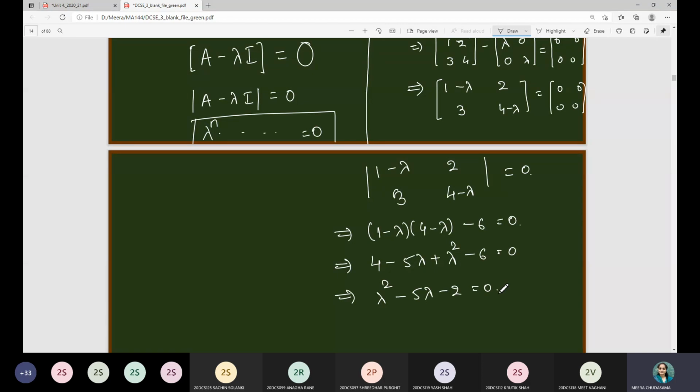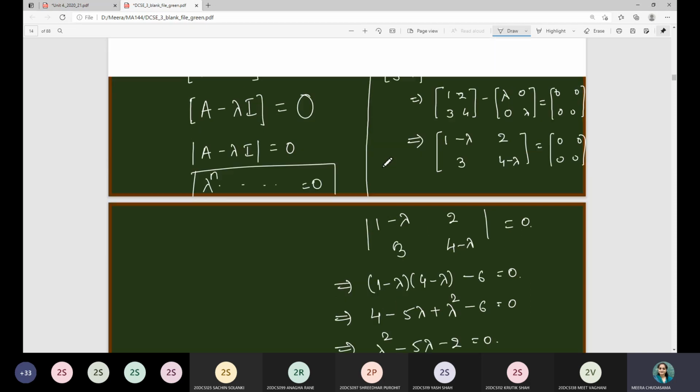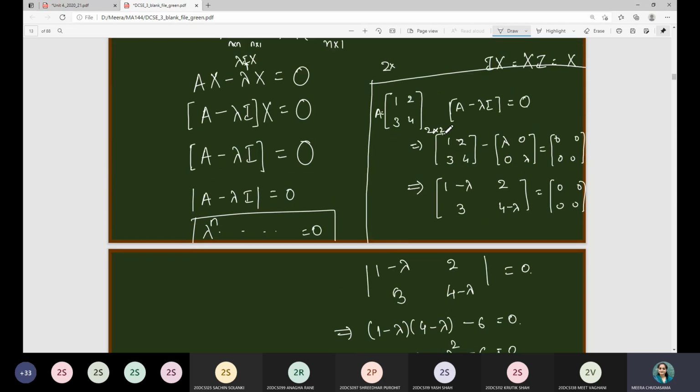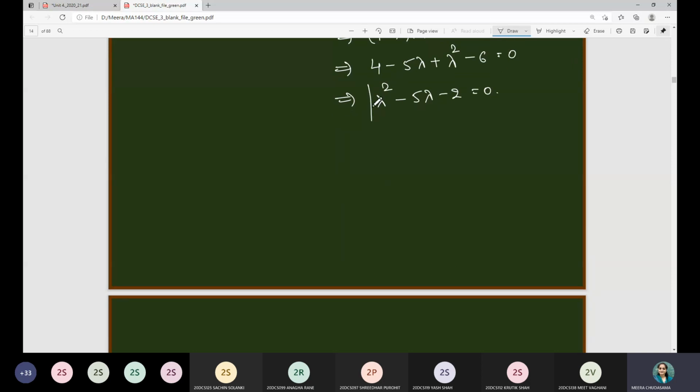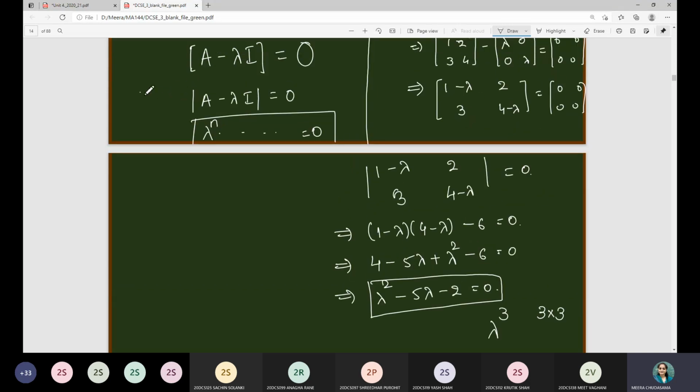So when you have solved the expression determinant of A minus lambda I is equal to 0 for a 2 cross 2 matrix, then you arrive at a second order polynomial in terms of lambda on the left hand side. So in general, if I consider a 3 cross 3 matrix, then you will have a cubic polynomial, and for an n cross n matrix, it will be an expression of degree n in terms of lambda.